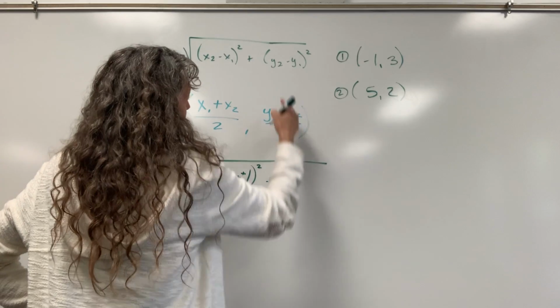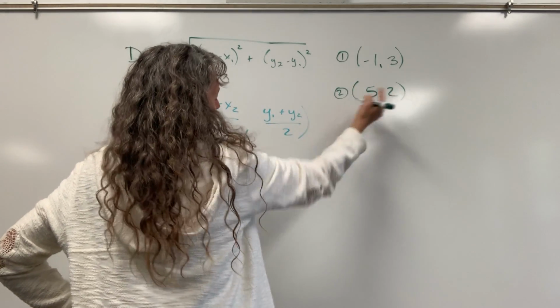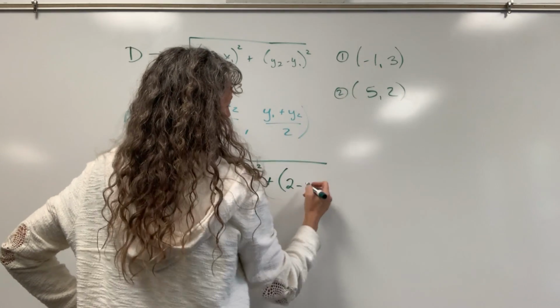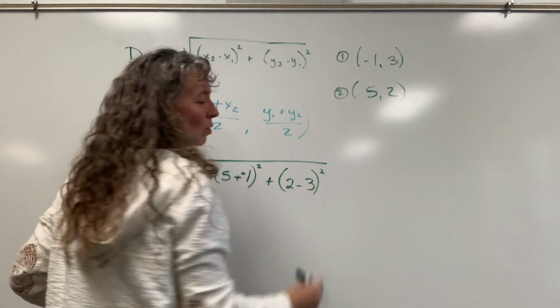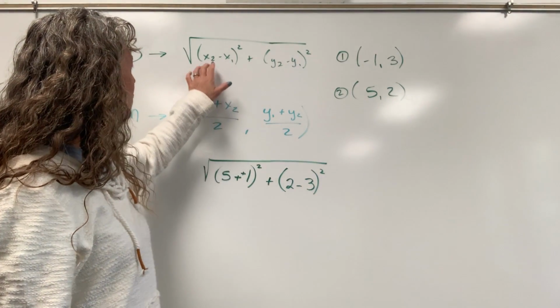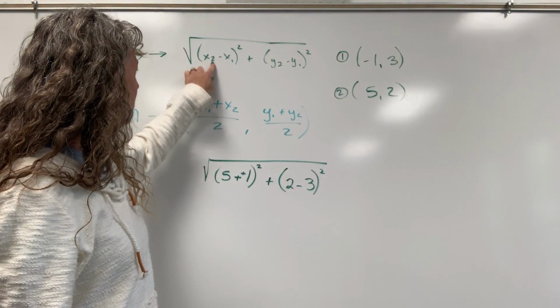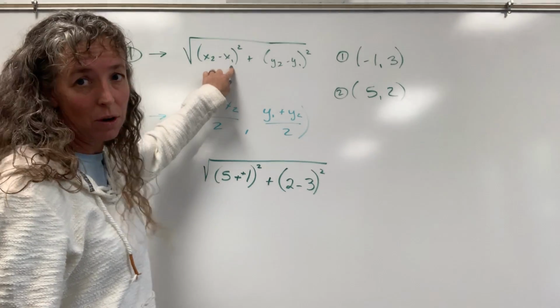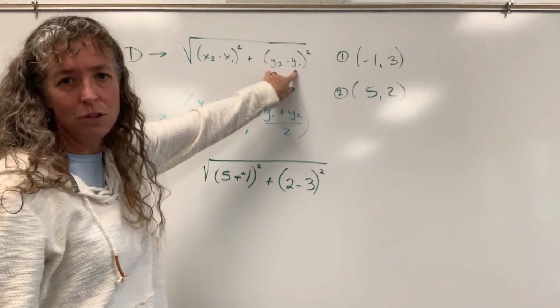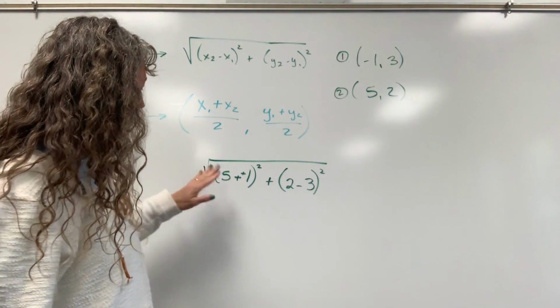Then I have plus my second y, which is 2, minus my first y, which is 3. And I'm going to go ahead and square that as well, okay? So I just put the x from the second ordered pair minus the x from the first ordered pair, the y from the second ordered pair minus the y from the first ordered pair, okay? And that's where I got these numbers.